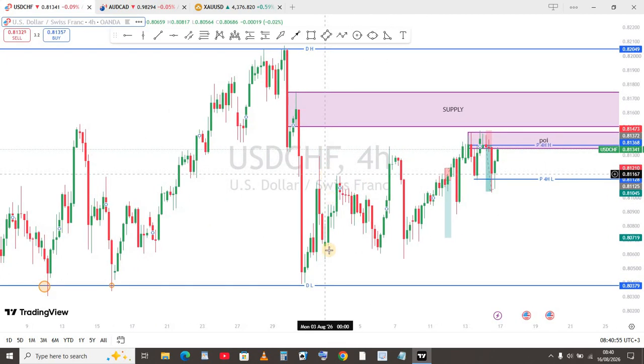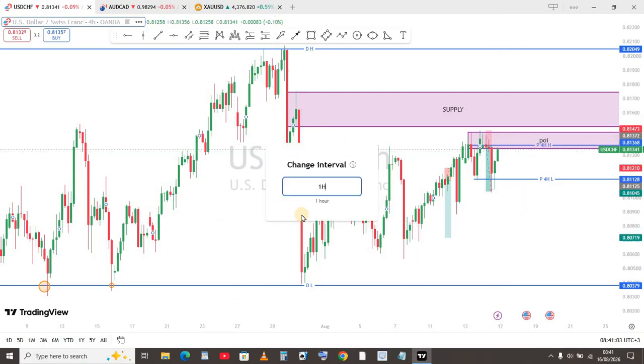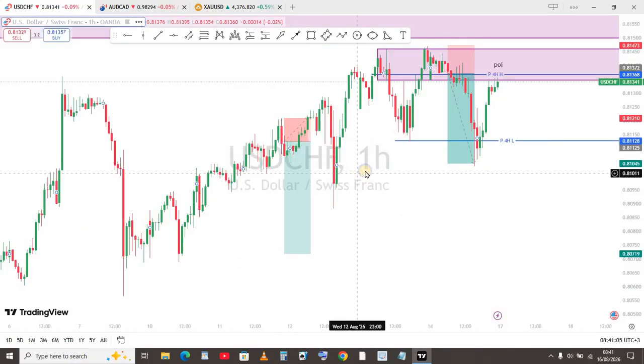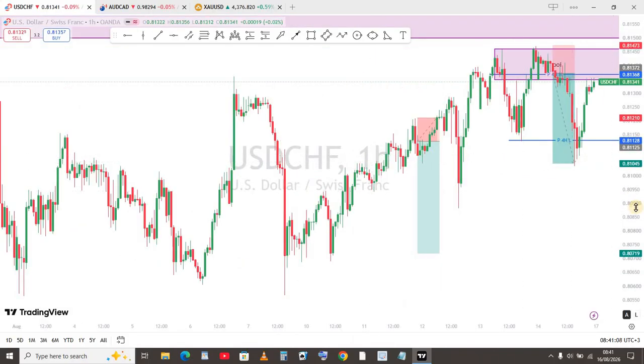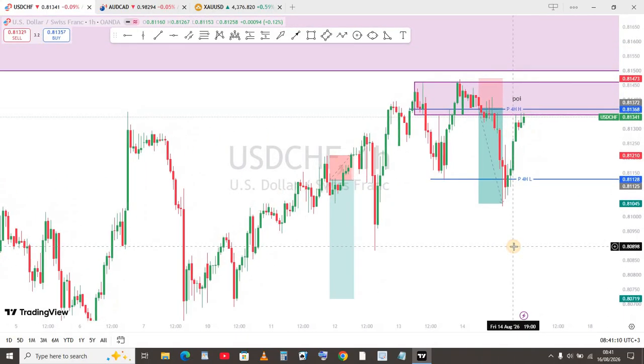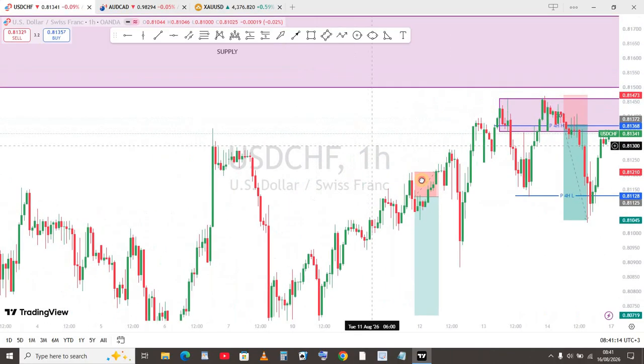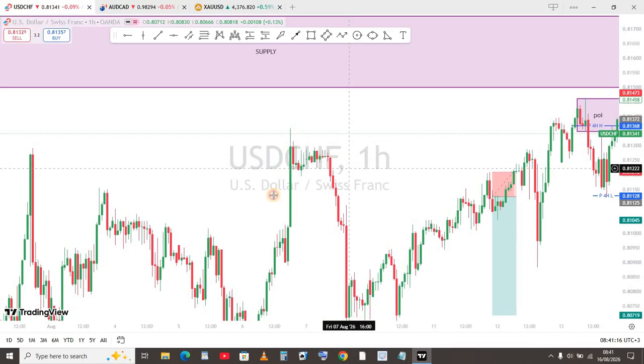So inside our daily, we had this as a supply and we had a point of interest. So let us go back to our 1 hour time frame. In our 1 hour time frame, we are only looking for sell because the overall trend is bearish. So at this point of interest or around this supply zone, we had this point.